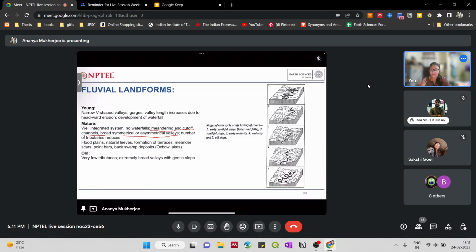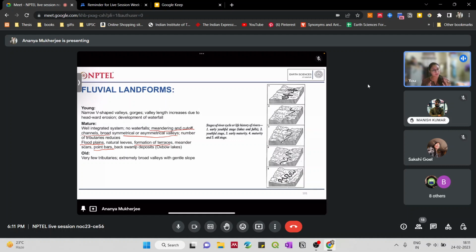Then you will find floodplains created, and terraces are created. Point bars are depositional features. So at the mature stage of the river, you will find both erosional and depositional landforms. While in the old stage, as I just explained, there are very few tributaries, and the channels cannot erode as much as they were eroding before.